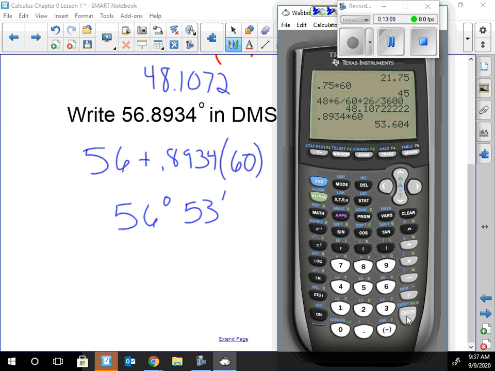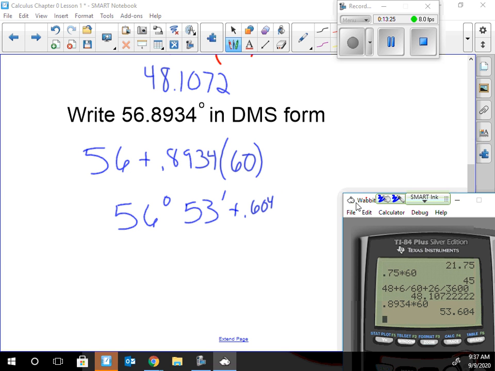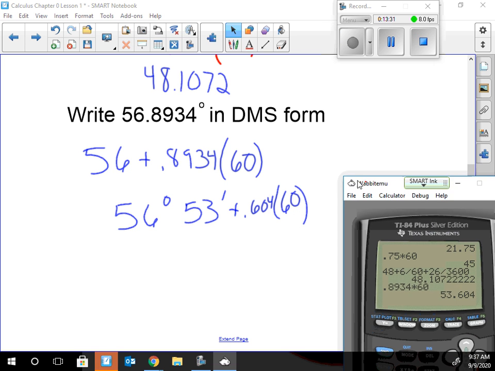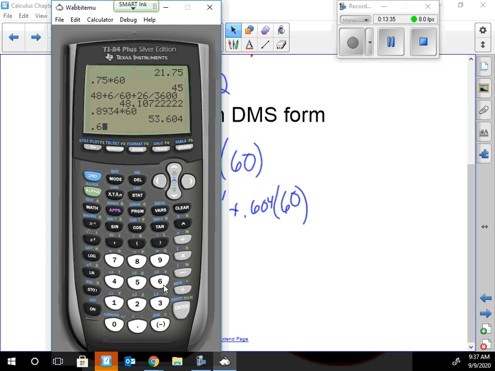Then I do the 0.604 times 60. Do 0.604 times 60.